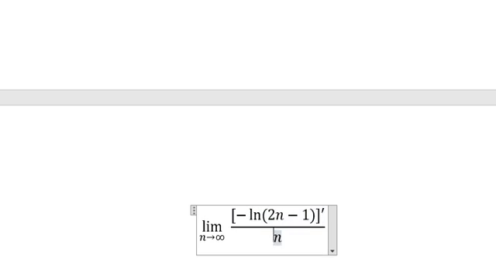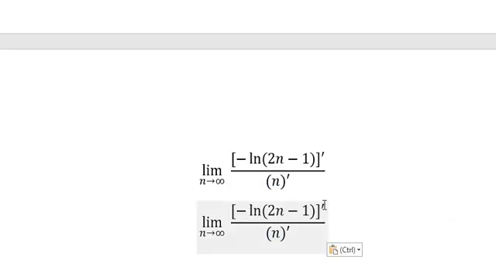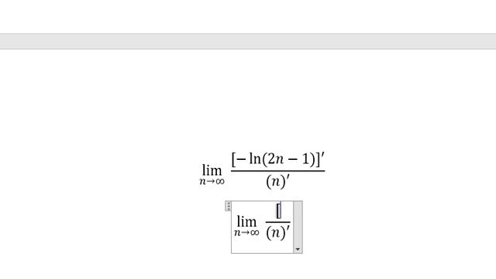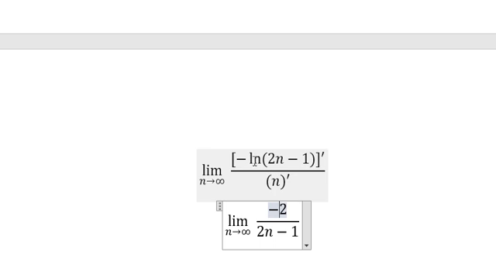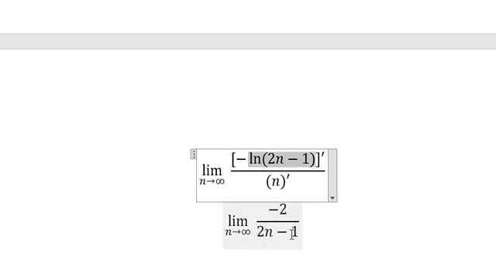And now if we apply the formula, it will be like this. This one we have number 1. This one is number 2 over 2n minus 1.